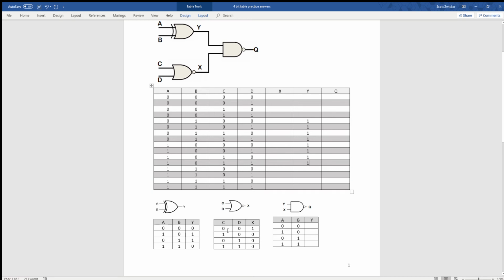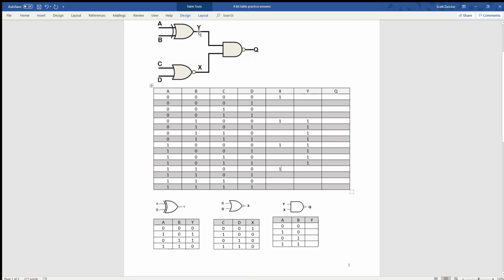So I'm looking for a C 0, D 0, and only where I have 0, 0 will I have an X. So up here, 0, 0, first one, yes. No, no, no, yes, no, no, no, yes, no, no, no, yes, no, no, no. So there's only 4 outputs that are going to be high for that second gate.